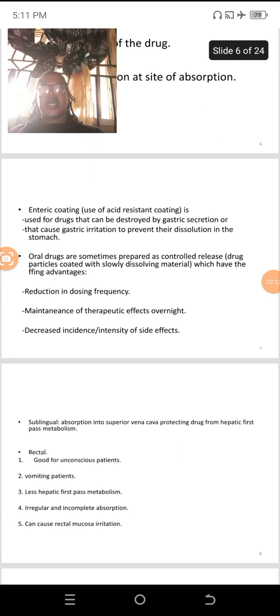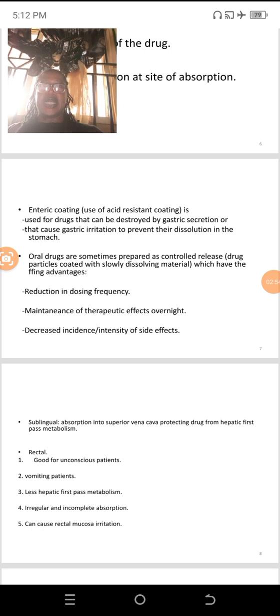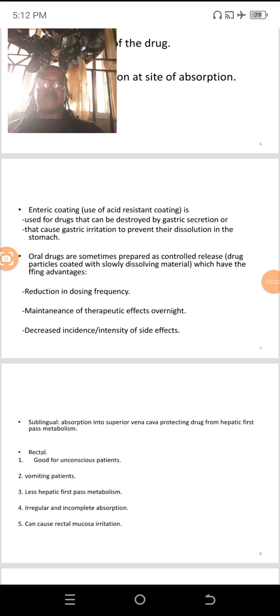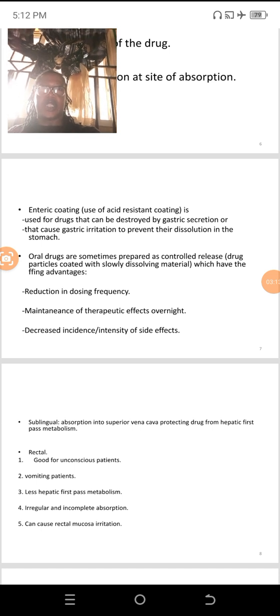Sometimes certain drugs are formulated as enteric coated drug. And what this simply means is that acid resistant coating are used in formulating these drugs. And this is done for drugs that can be destroyed by gastric secretion or for drugs that cause gastric irritation.